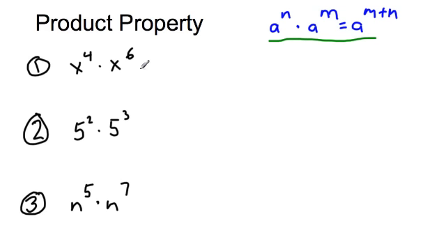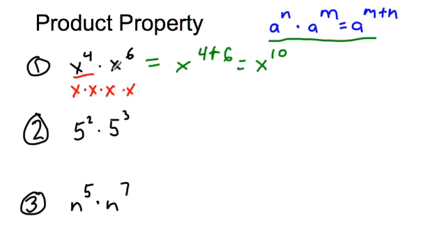Now, when we look at the first example, x to the fourth times x to the sixth, that is equal to x, and we add the 4 plus 6, which gives us x to the 10th power. Understand why that works: x to the fourth, and you don't need to write this down, is x times x times x times x.